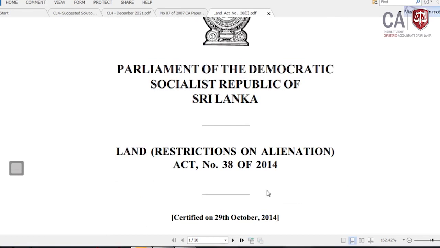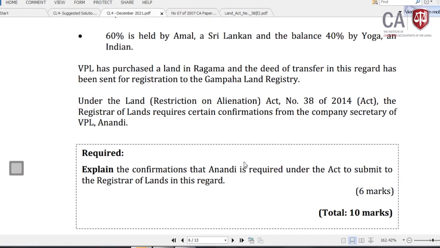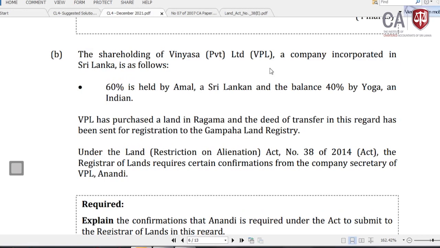Now in answering the question, there is a restriction. If we go back to the question, you will see it's a company. What is the share structure of this company? 60% is owned by a Sri Lankan, 40% is owned by a foreigner.